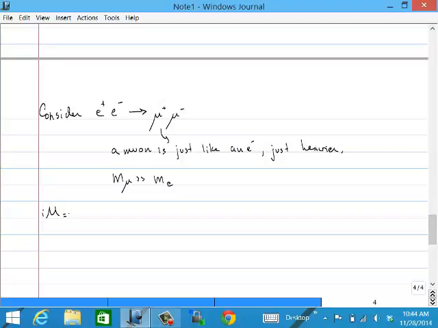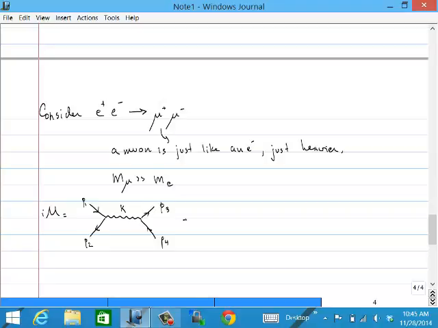So the scattering amplitude looks like this. Here we have an incoming electron and positron and two outgoing muons. Let me give a name to the various momenta. I'll call k the momentum of the internal photon.